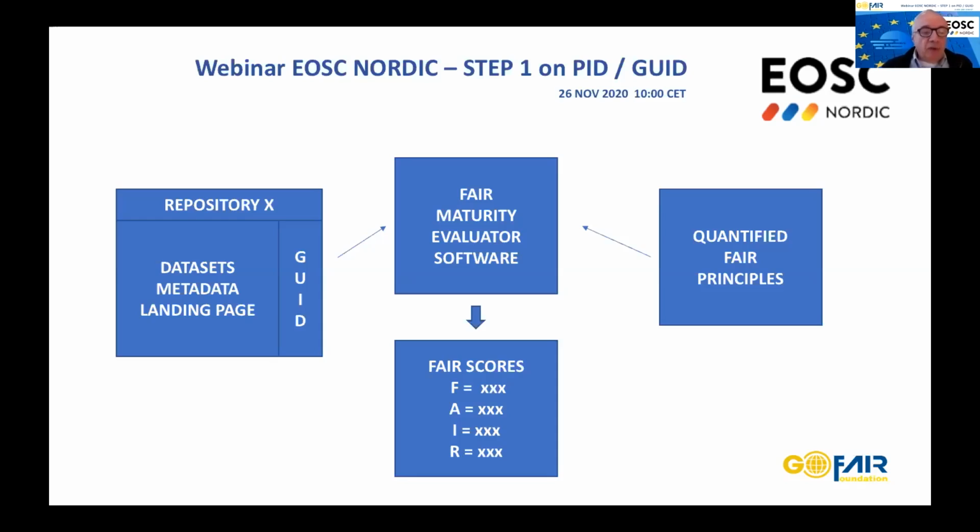Repositories that do not provide GUIDs for individual data sets could simply not be evaluated. So the minimum requirement, therefore, is a GUID pointing to the landing page containing links to the metadata and to the data itself.